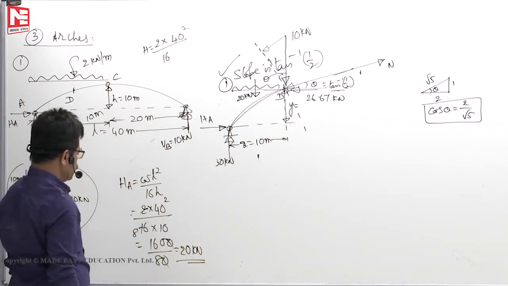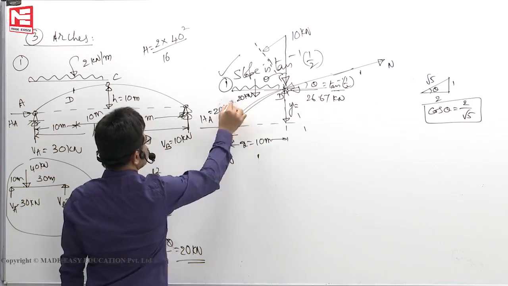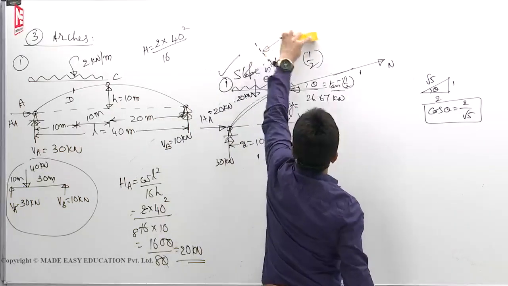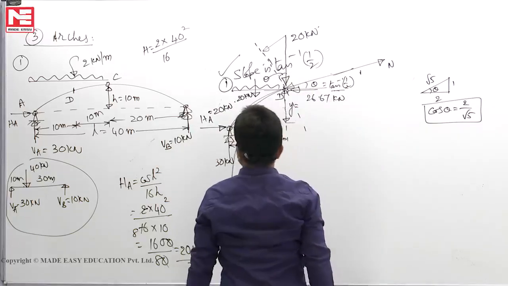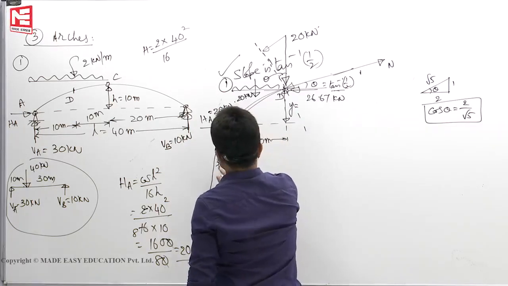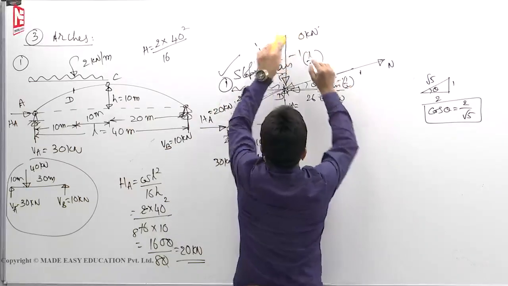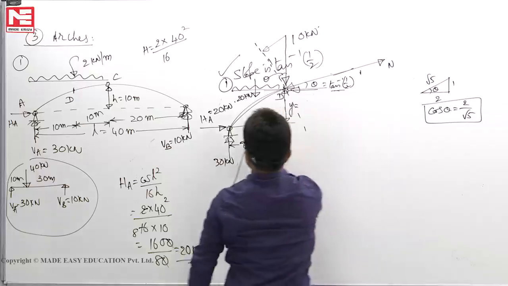Horizontal thrust you are getting 20 kilonewton. So this value is 20. This is 30 up, 20 down, so 10 down should be there.